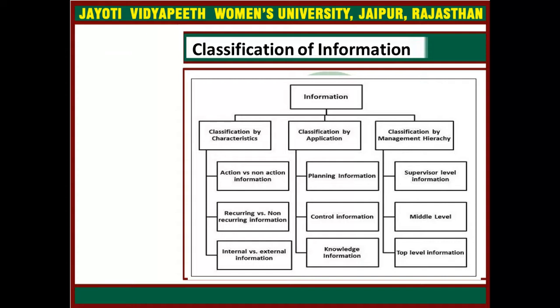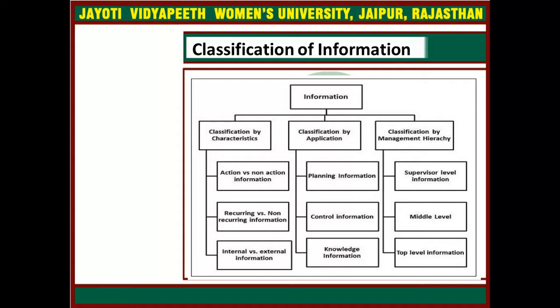And after that, these three are further classified into subcategories. In the classification by characteristics, it is action versus non-action information, recurring versus non-recurring information, internal versus external information. Whereas the classification by application is further classified into planning information, control information, and knowledge information.